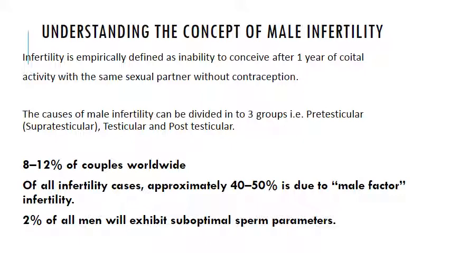By infertility we mean the inability to conceive after 1 year of coital activity with the same sexual partner without contraception. That is, after 1 year of normal coital activity without using any contraception, there is a failure of conception. The causes of infertility are divided into pre-testicular, testicular and post-testicular.